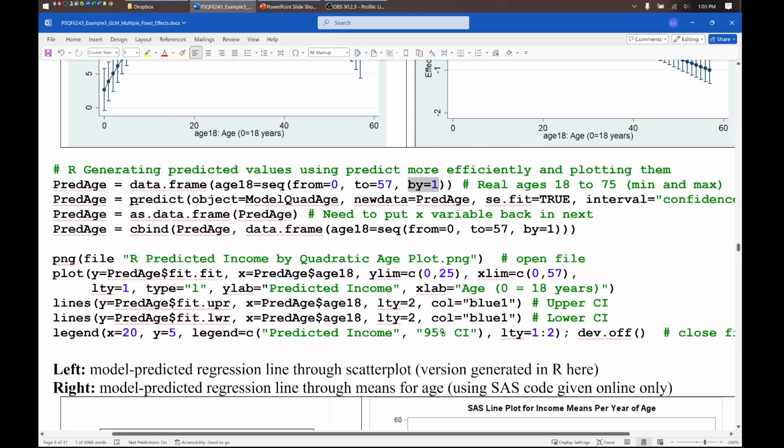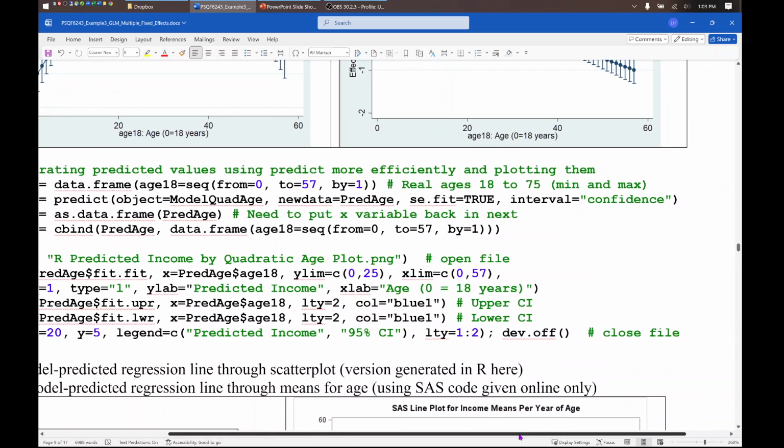I am then using predict, which is a base R function that says, hey, can you take the results from this model and apply them to this new data set and create a predicted income for each of these unique values of age in that new data set? I would like to have standard errors that true, that should be blue for some reason. I'll fix that later. And I'd like a confidence interval.